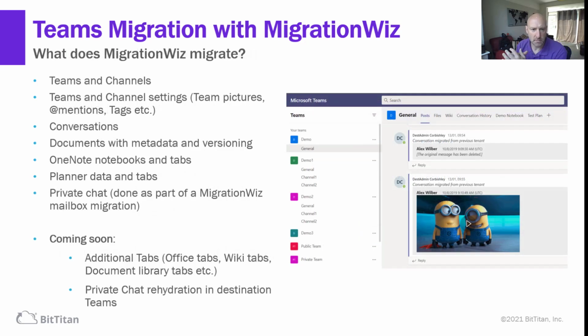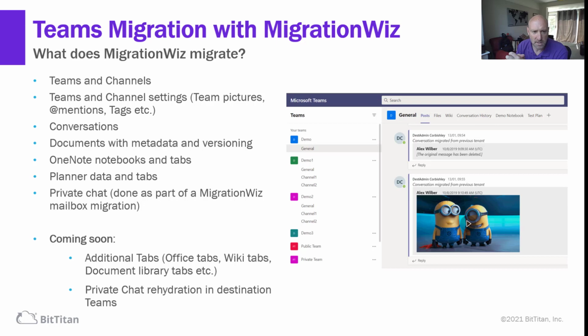So what does MigrationWiz migrate from Teams to Teams? It's pretty key to help your customers understand exactly what they're going to be migrating. So we migrate the teams and channels, and that includes private channels, the teams and channel settings, so that's team pictures, mentions, tags, etc. The conversation posts within those teams and channels, obviously.